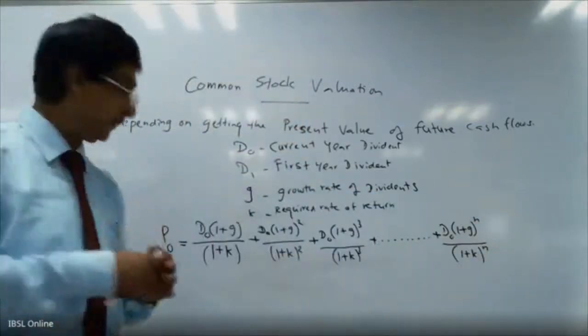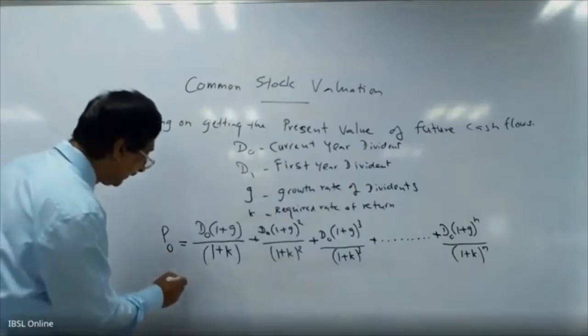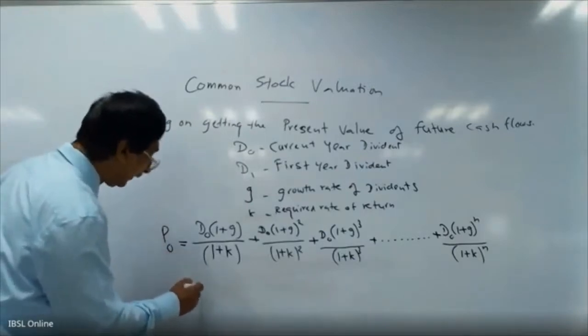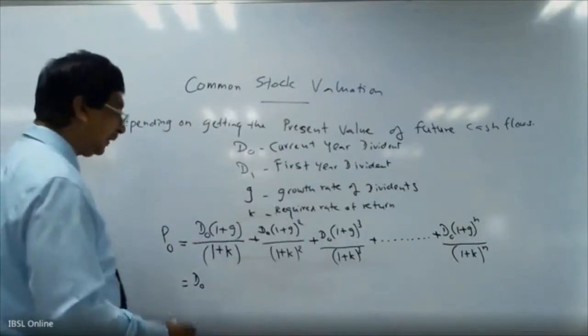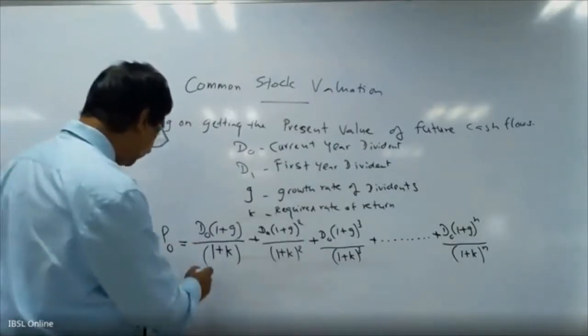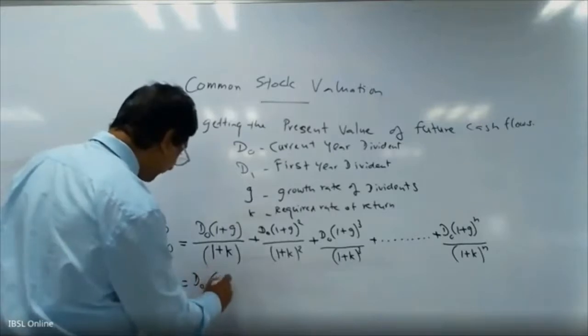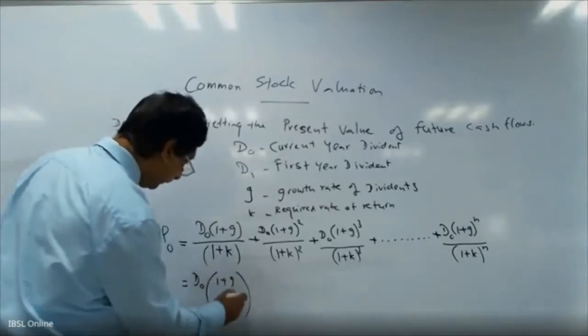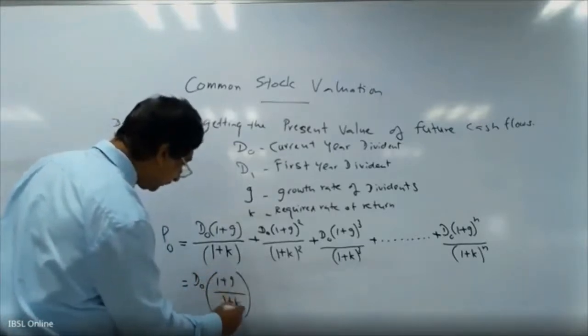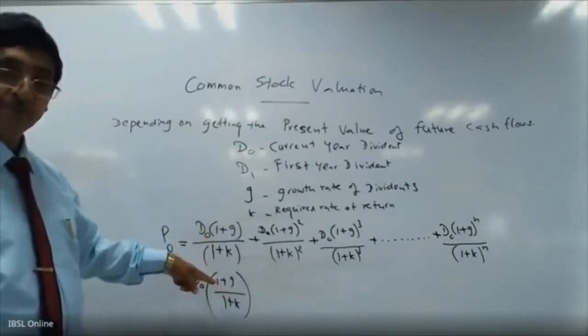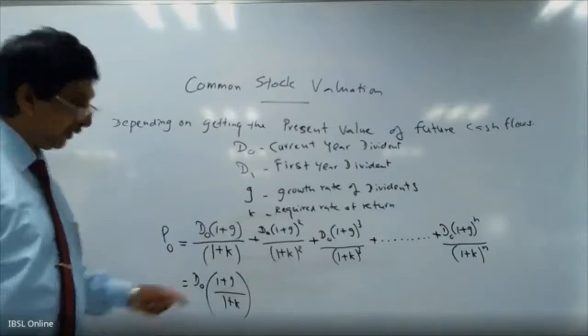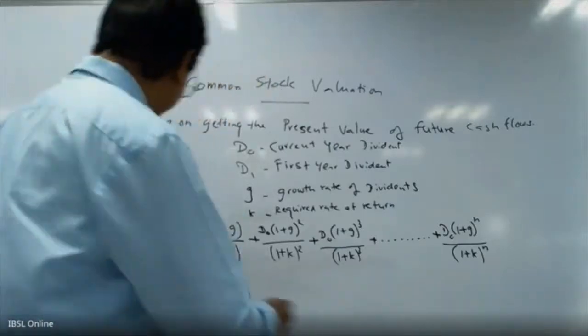So what we can do is take D0 out from this. And not only that, 1 plus g divided by 1 plus k also, we can say it is a common term.